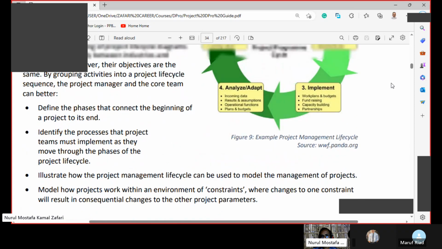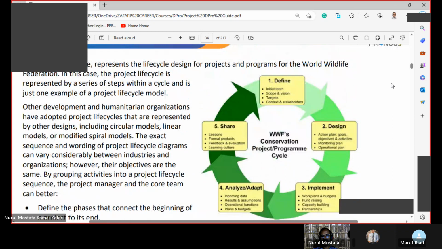So let us look at the diagram given in the guide. This is a diagram which is used by the World Wildlife Federation. So we need to understand that this project life cycle is very much inclined to biodiversity or animal or laboratory or preservation or conservation related things, like scientific conservation or natural conservation.